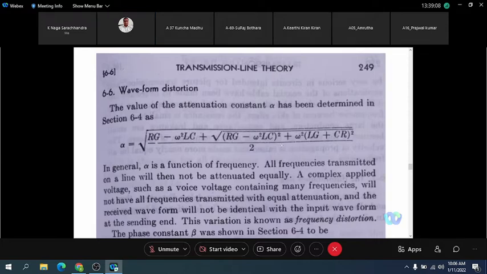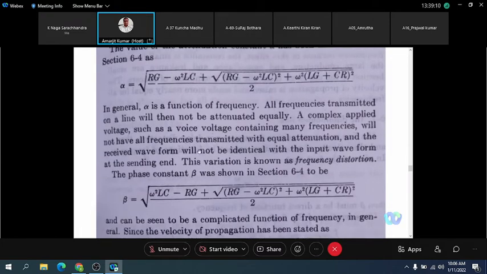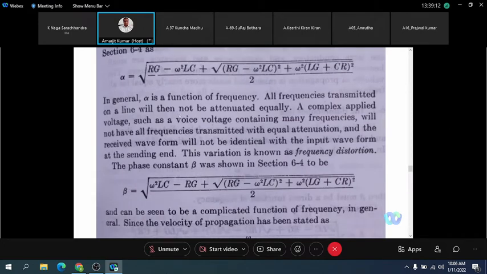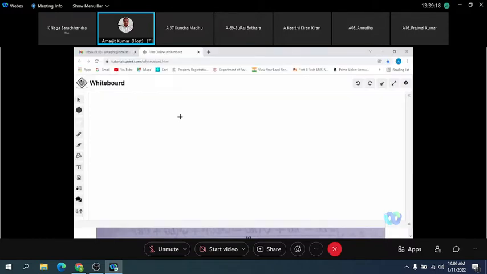Okay, so how are alpha and beta related? You are seeing here, alpha is a function of frequency.